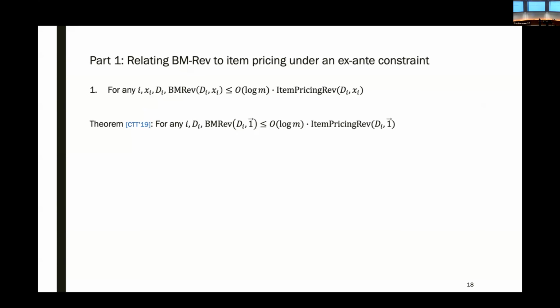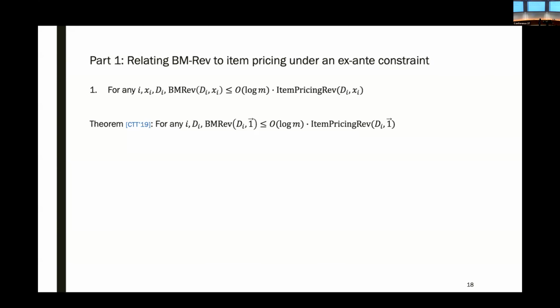Now we're just focusing on a single buyer. The single buyer has a value drawn from some distribution. Furthermore, we have some ex-ante constraint. This just tells us every item is to be sold to this buyer with some probability bound on it.